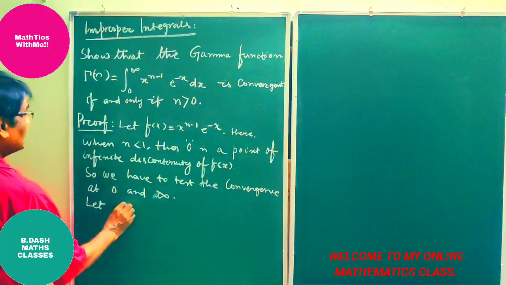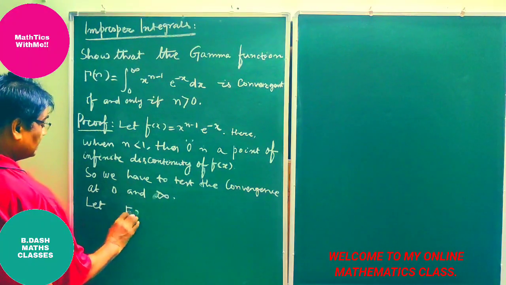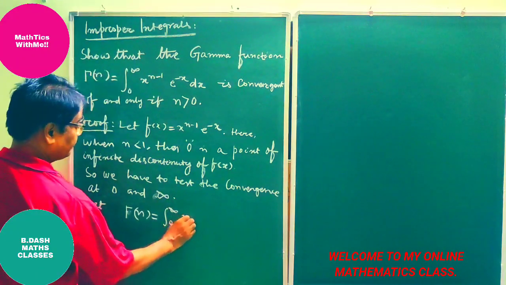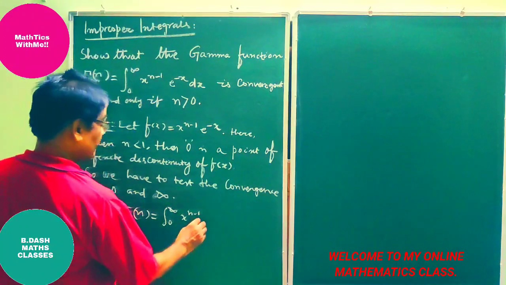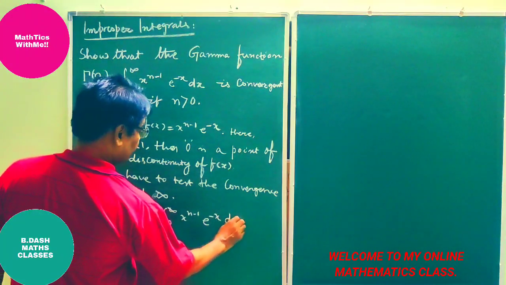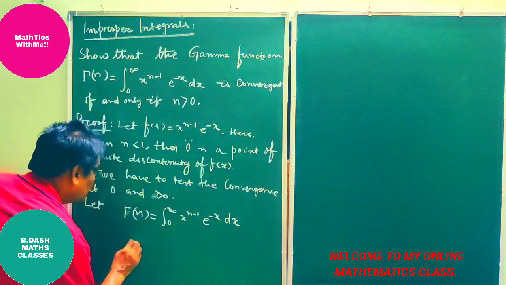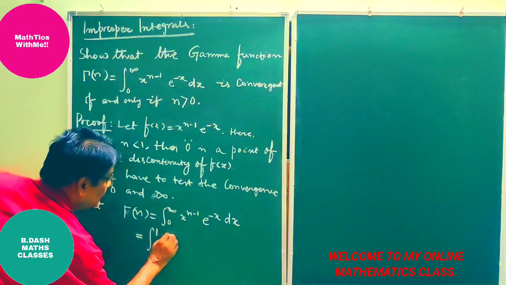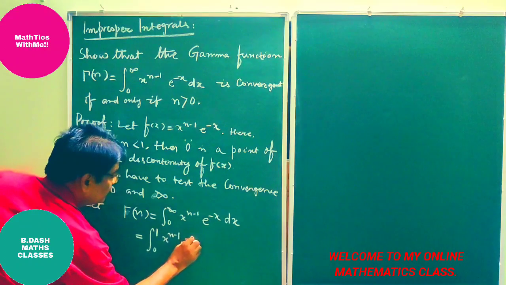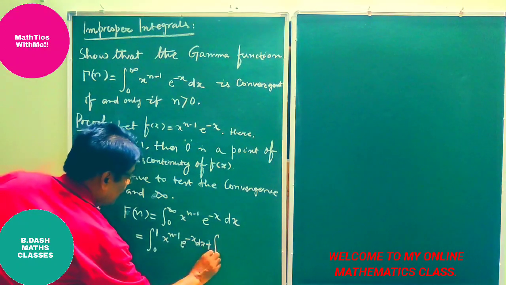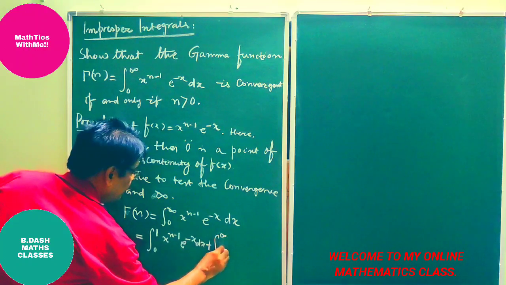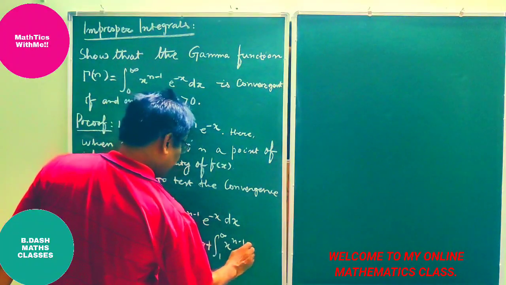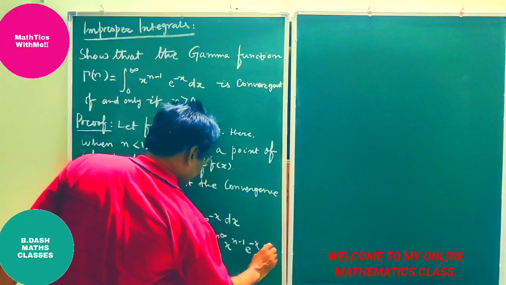Let gamma of n equal the integral from 0 to infinity of x to the power n minus 1 e to the power minus x dx, which is equal to the integral from 0 to 1 of x to the power n minus 1 e to the power minus x dx plus the integral from 1 to infinity of x to the power n minus 1 e to the power minus x dx.